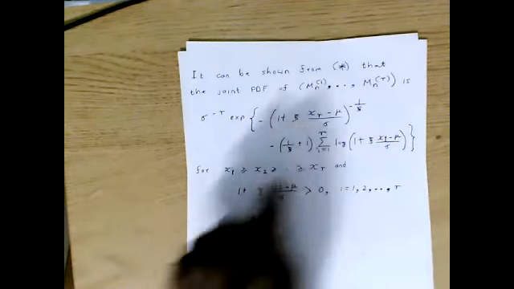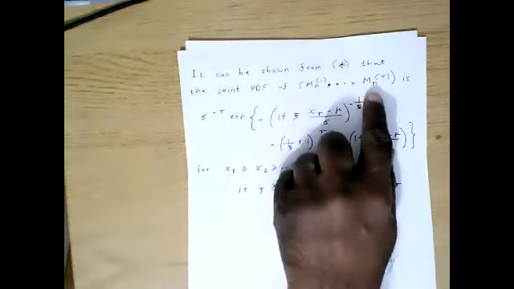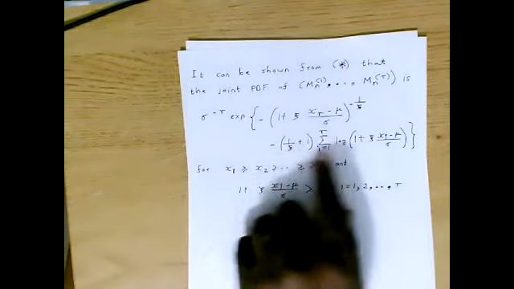And it can be shown from star, this is star here, that the joint PDF of the R largest data points is given by this formula here.